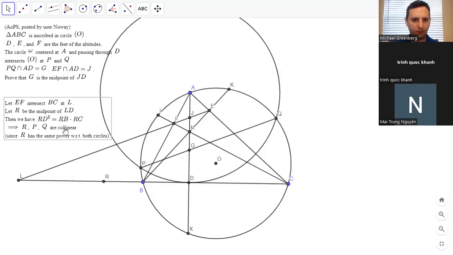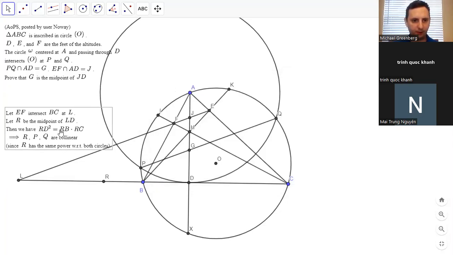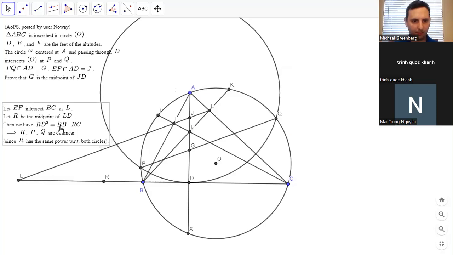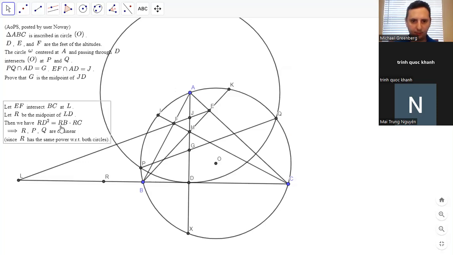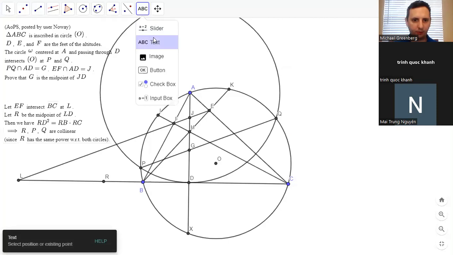Okay, and RD squared is RB times RC because L, B, D, C are in harmonic conjugation. Okay.